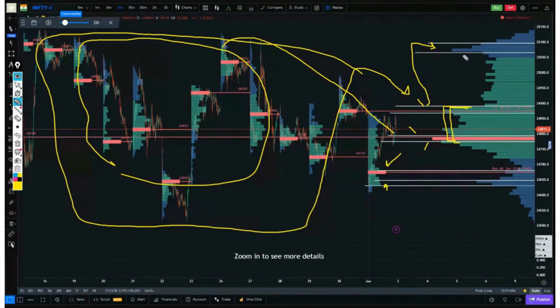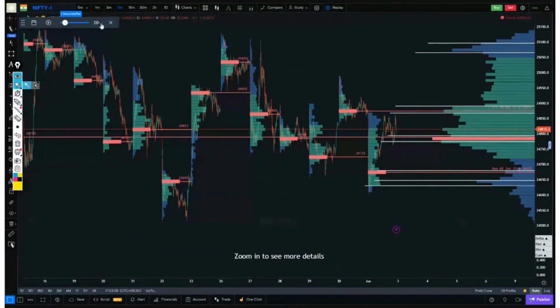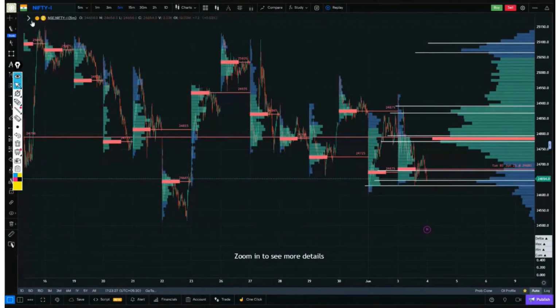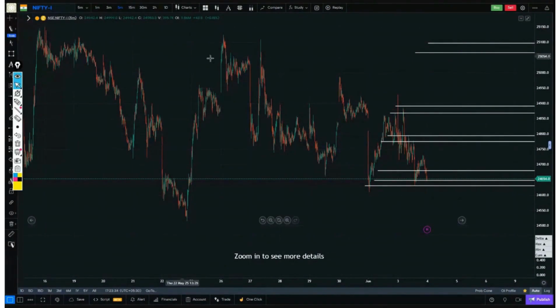There was one node, the value area low of this volume node, the value area, and we took this entire volume node. This was the confirmation from the volume profile. Before closing today's session in the webinar, we draw these daily volume profile levels.